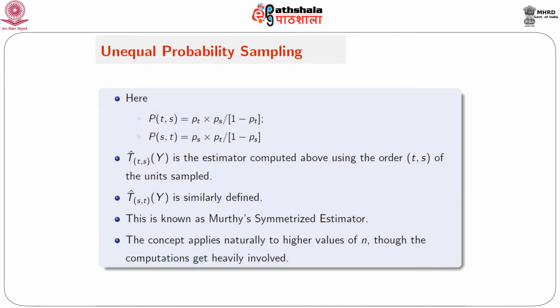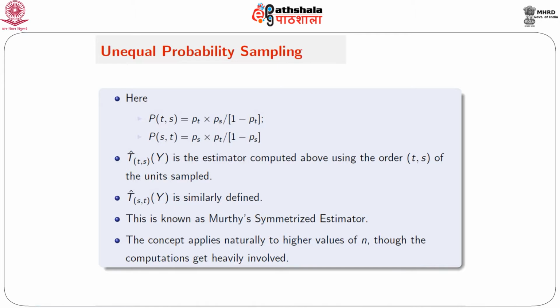Fortunately, this has been thought out by survey statisticians long time back, and the concept of symmetrization was coined. So, what is the big idea? You define a symmetrized estimator as the estimator T hat based on the ordered sample T followed by S, which is what we have been doing. You multiply it by the probability of getting T followed by S, which is PT times PS over 1 minus PT.